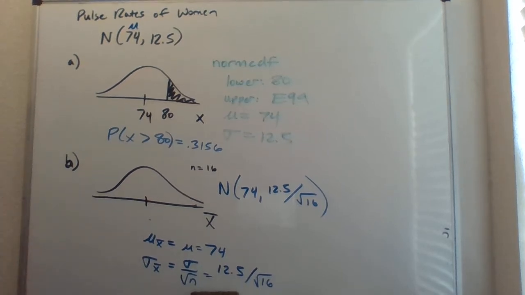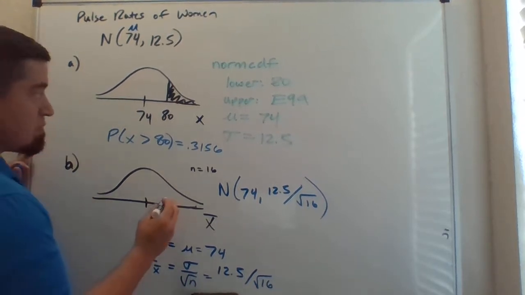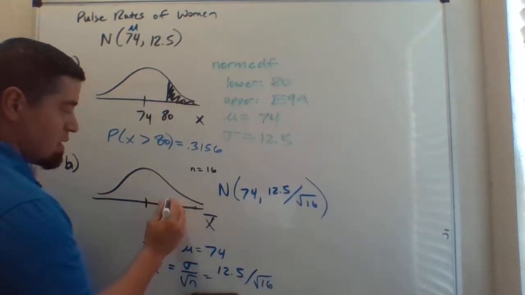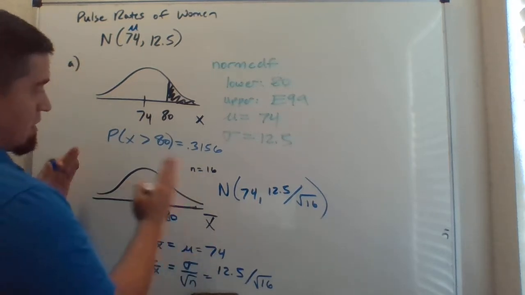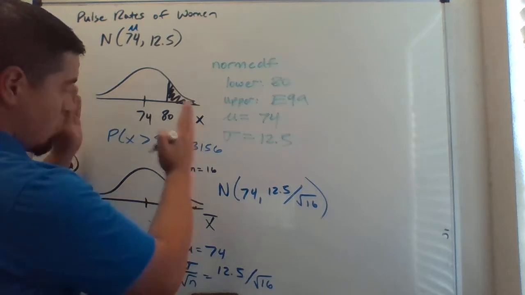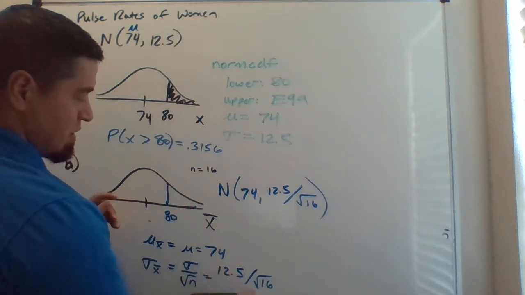But in this question, what am I asking? We're asking, what's the probability that a sample of 16 randomly selected women have a mean pulse rate greater than 80? Well, I'm going to do kind of a similar thing. 80. And if I were to make this more proportional, I probably would have squeezed this in because the standard deviation is going to decrease.